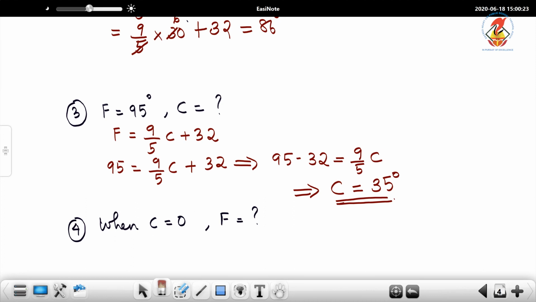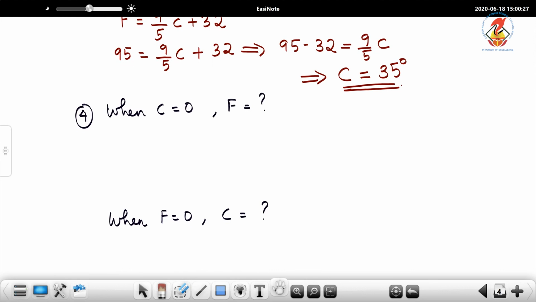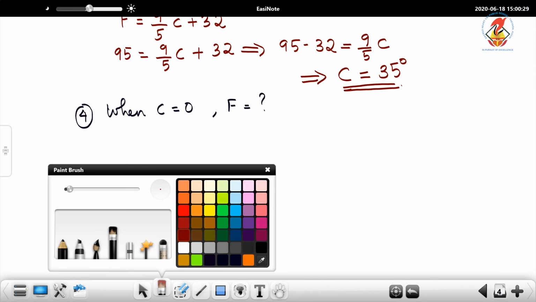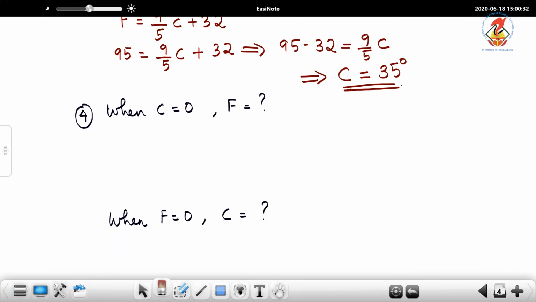Fourth subdivision. When Celsius equals 0, what will be the Fahrenheit value? F is equal to 9 by 5 C plus 32. The value of C is 0. So, 0 plus 32, 32 degrees.